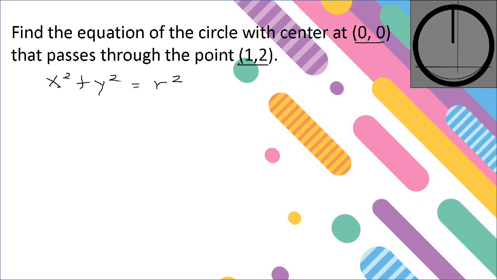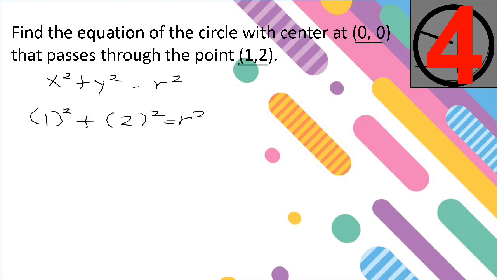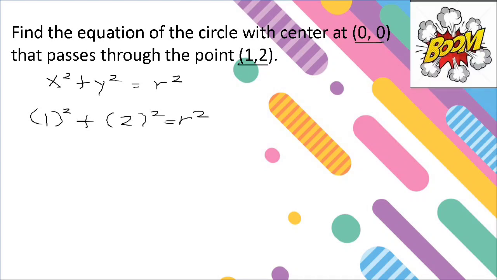Since we have these points, just replace x and y. So we have 1 raised to 2 plus 2 raised to 2 is equal to r raised to 2. That is for us to identify the radius of the circle. So here we have 1 plus 4 is equal to r raised to 2. So your r raised to 2 is equal to 5.